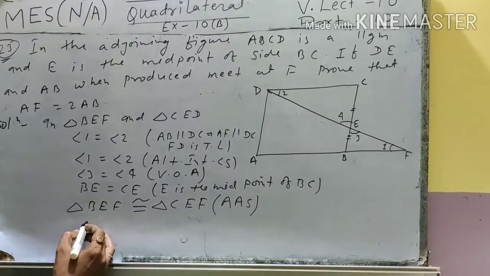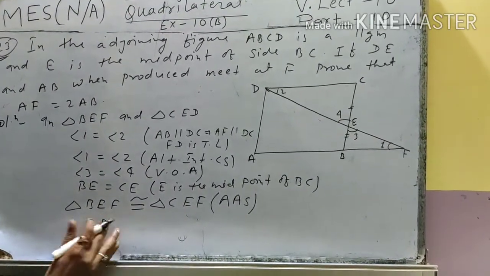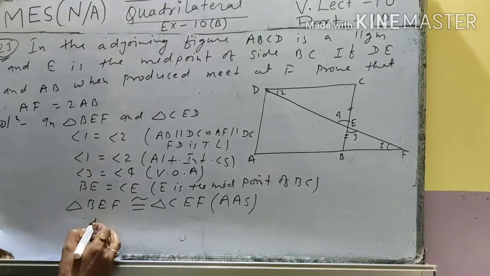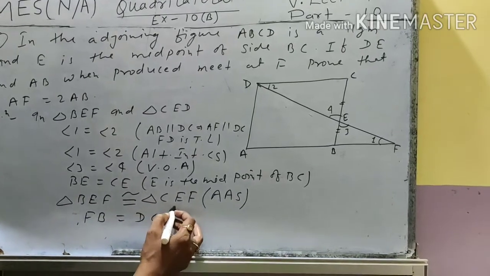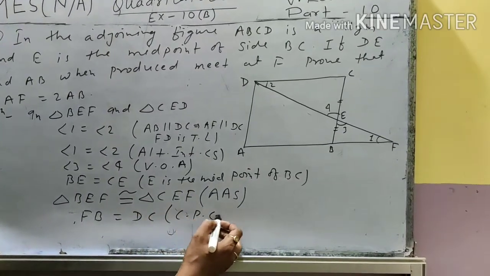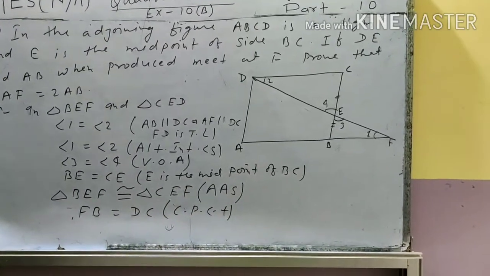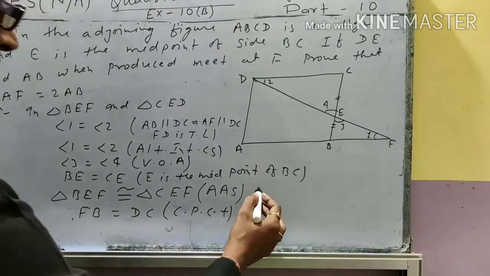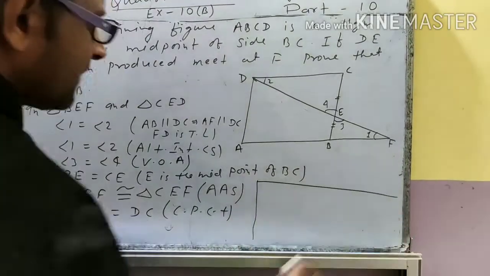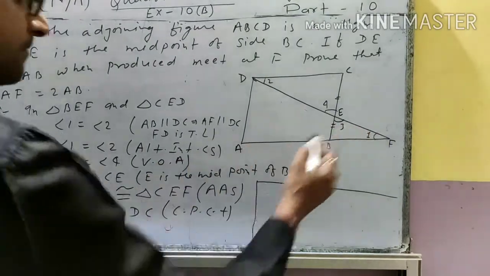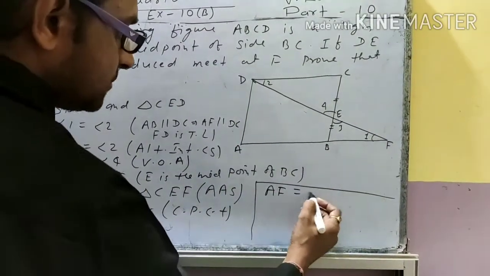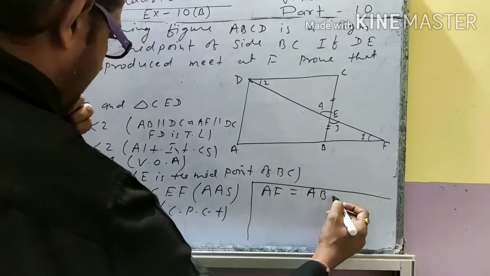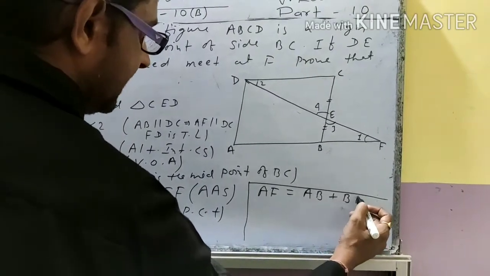By CPCT, FB is equal to DC. So here, student, we know that AF is equal to AB plus BF.